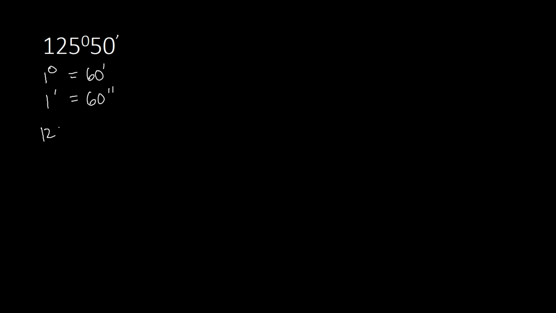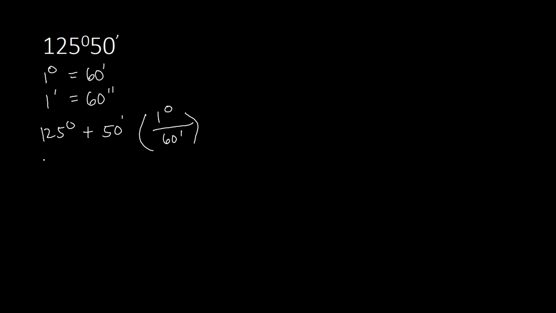So we started by separating our 125 degrees and the 50 minutes because we wish to convert the 50 minutes to degrees by using the conversion with the minute at the bottom part. So we have 60 minutes for that one, while the degree will be at the top.